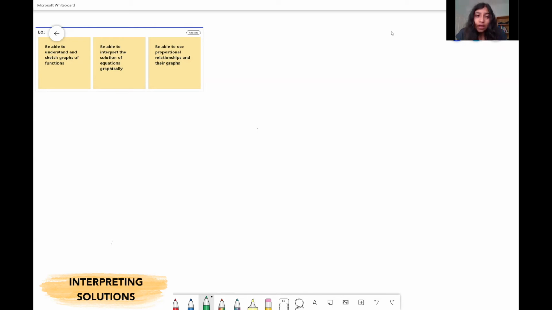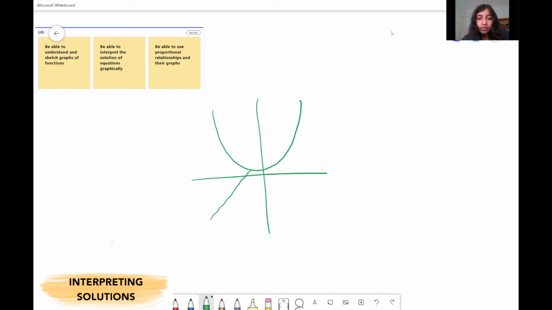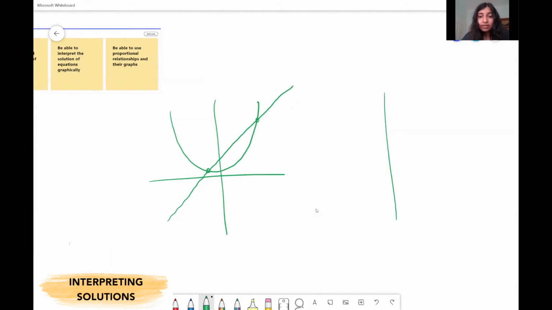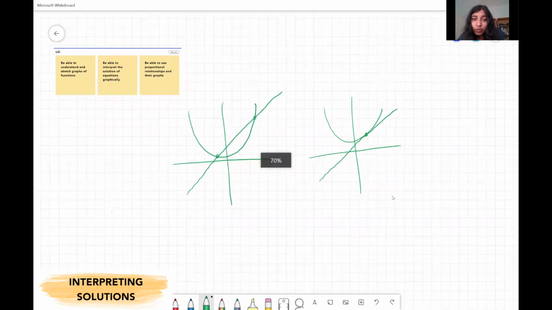The way you could graph that is, let's say you had a quadratic equation that looked something like this, and then a linear equation that goes through like that. The fact that there are two intersections between the quadratic and the linear shows that there are two solutions. Similarly, if you had a quadratic like this, but the line only touches the graph once, then there will be only one solution to the equation.